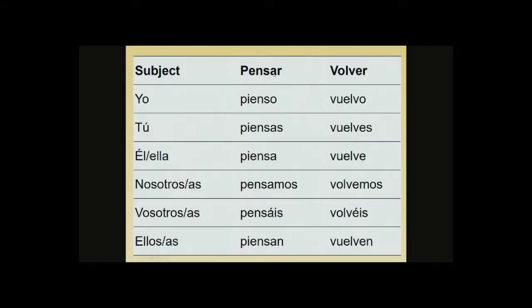Two verbs, pensar, volver: pienso, piensas, piensa, but pensamos, pensáis, and then piensan. Yeah, so you get the stem vowel change in the yo, the tú, or the él, ella forms, and also the ellos, ellas form, but not nosotros or vosotros. And then you get exactly the same thing when the change is o to we. So, vuelvo, vuelves, vuelve, volvemos, volvéis, vuelven.